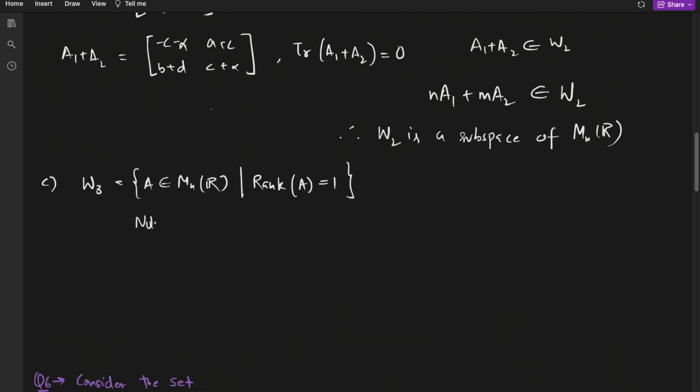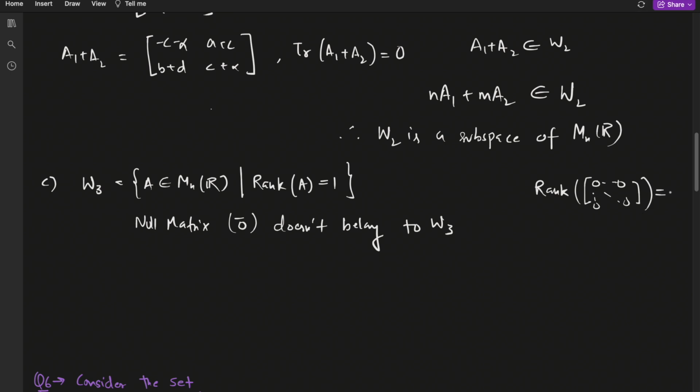So the null vector, or in this case the null matrix, doesn't belong to W3. Why? Because the rank of the null matrix is 0.